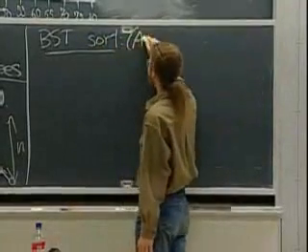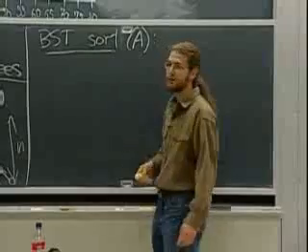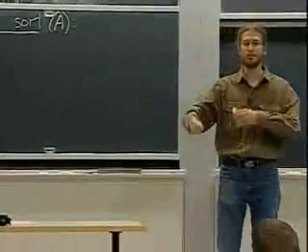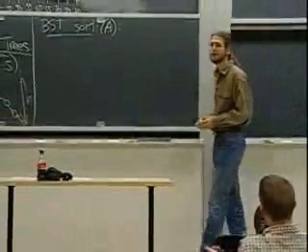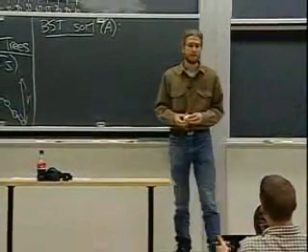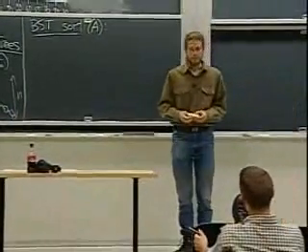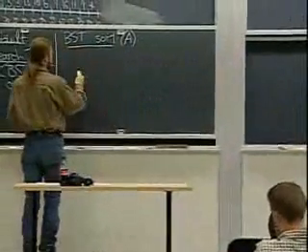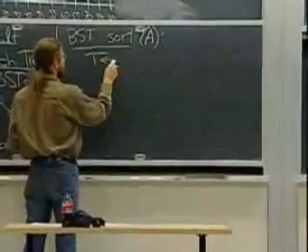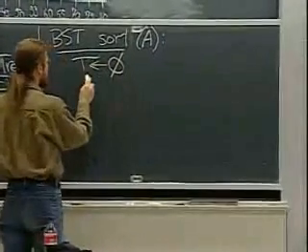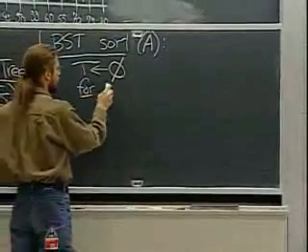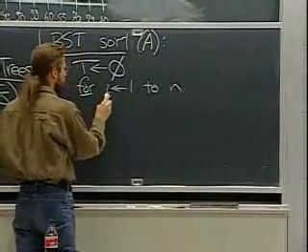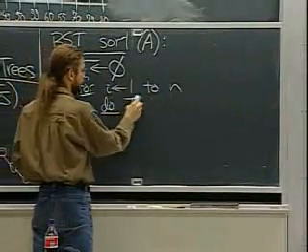If I give you an array A, how would you sort that array, using binary search tree operations as a black box? Yeah. Build the binary search tree and then traverse it in order. Exactly. So let's say we have some initial tree, which is empty, and then for each element of the array, we insert it into the tree.